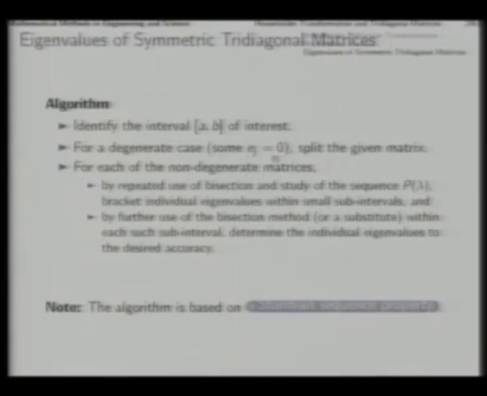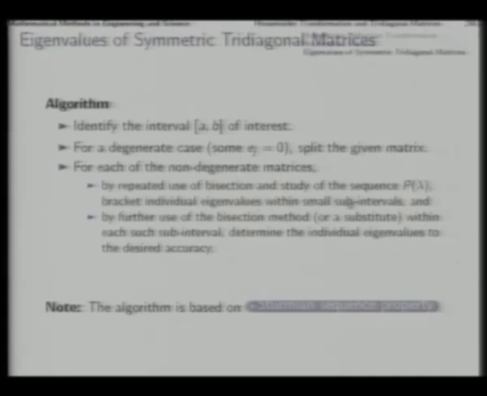Now, for a degenerate case in which some subdiagonal or superdiagonal entry of the symmetric tridiagonal matrix is 0, you split the given matrix and operate separately with the different blocks. For each of the remaining non-degenerate blocks, you do two things. By repeated use of bisection and study of the sequence p lambda, you bracket individual eigenvalues within small subintervals.